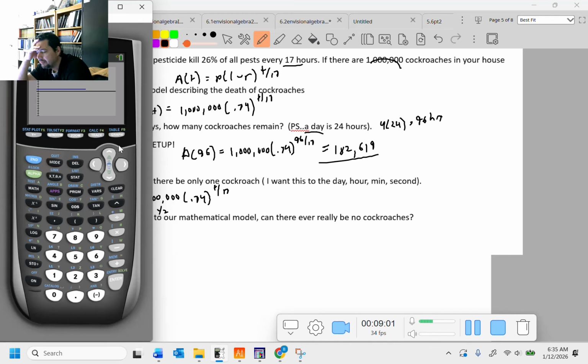I'll write down whatever the final X-max adjustment is. If I don't see anything, that means I got to keep looking to the right, right? I didn't see anything. All right, let's double that. 960. That'd be 40 days.